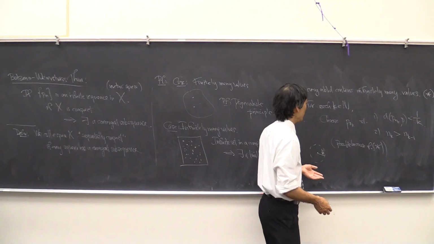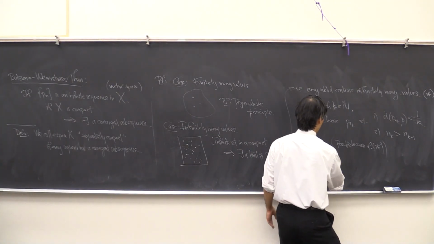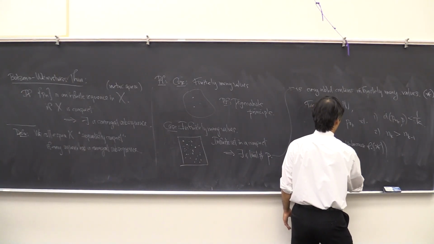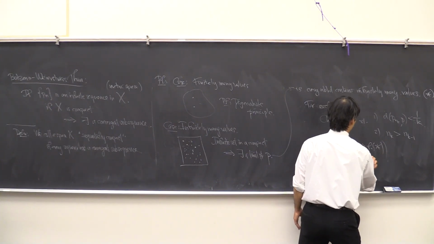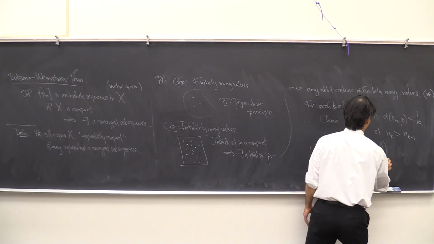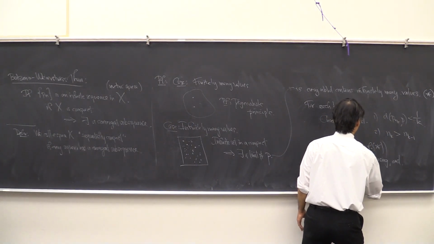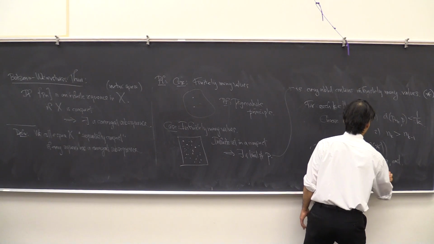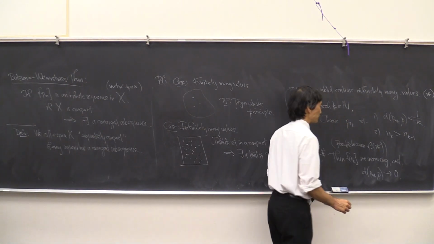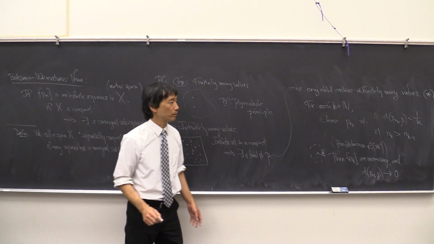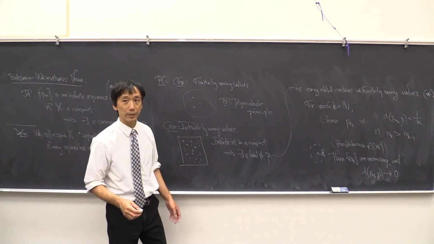And so that does it for you. Then the n sub k are increasing, and the distance goes to 0, which is the same thing as saying that they converge.